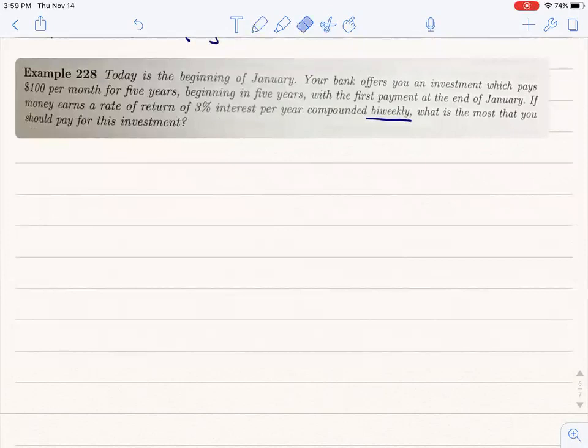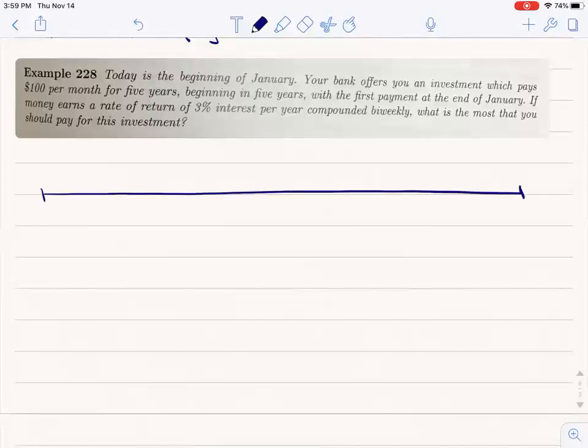So I'll even erase that for now. Our breaking points were today, and then 5 years later. And then we get payments for 5 years. That puts us at 10 years, but I'm going to put that up above because we're getting payments monthly.